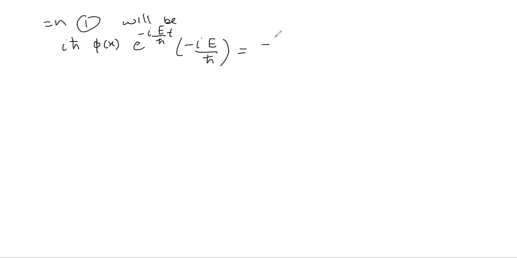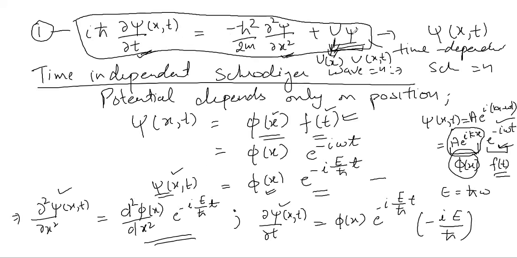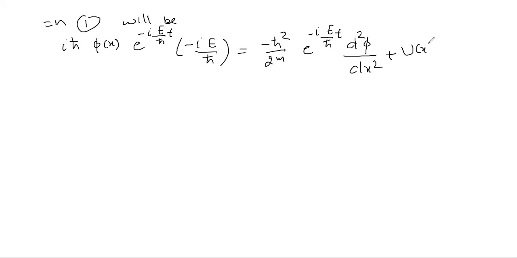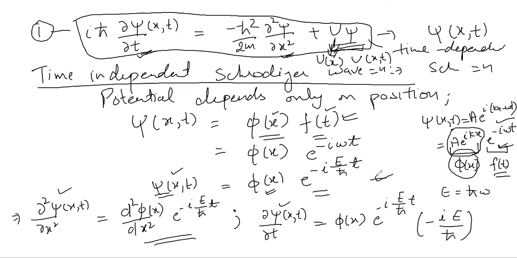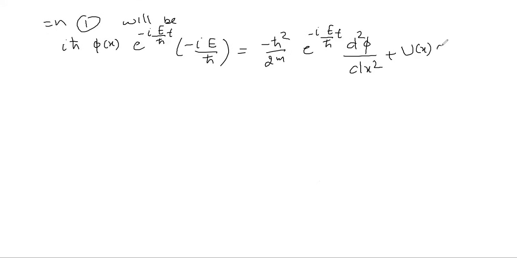So this would be equal to minus h bar square over 2m e raised to power minus iota E upon h bar t, d2 phi over dx2, which was this term, plus U psi. Now U is a function of position only, and psi we defined as phi x e raised to power minus this term. So I can write phi of x e raised to power minus iota E upon h bar t.